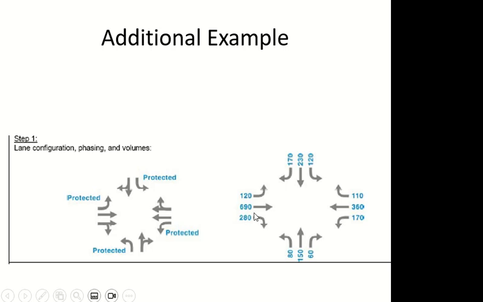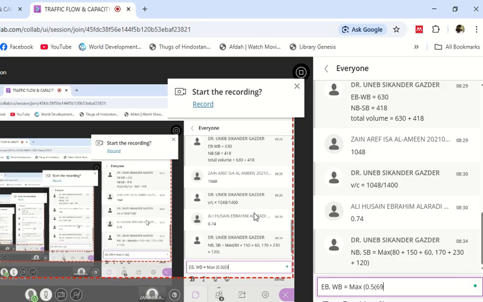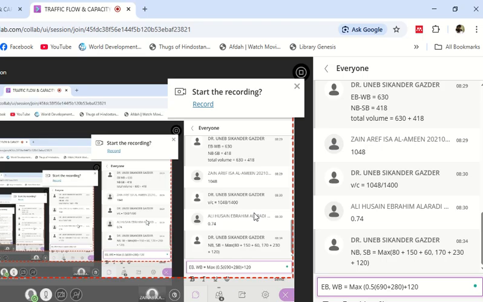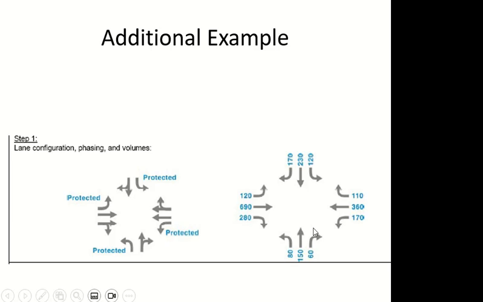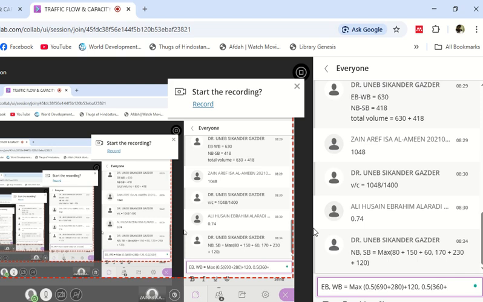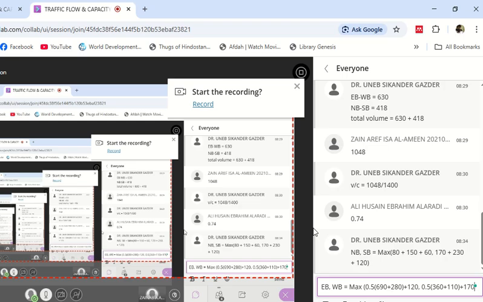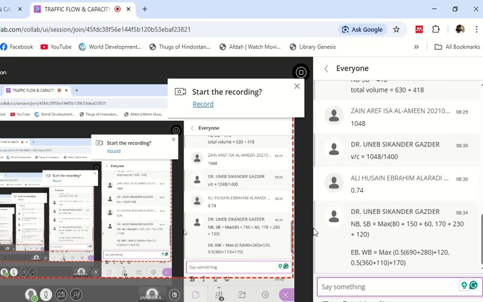Okay, so you will take these two, okay, then you will add them together to get the total volume, and then you divide by 1400 or any other value, and then you will get the volume capacity ratio.